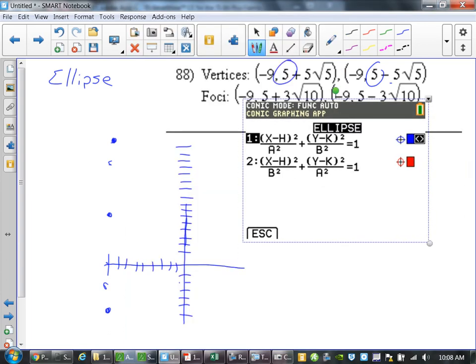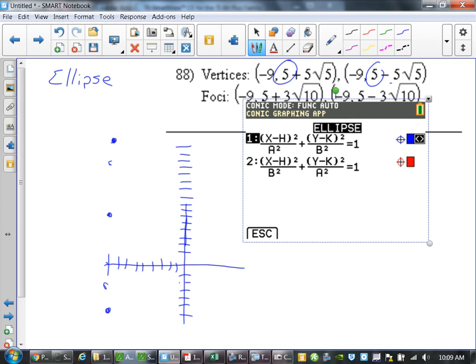If I'm looking at the generic form for my ellipse, I now know that the b squared value comes first and the a squared value comes second. The a squared value is always the distance. The reason I know that is because see how the focus and the vertex are on the same vertical line? If they were horizontal, they'd be stretched this way, but they're stretched this way, because your vertex always looks at your focus.